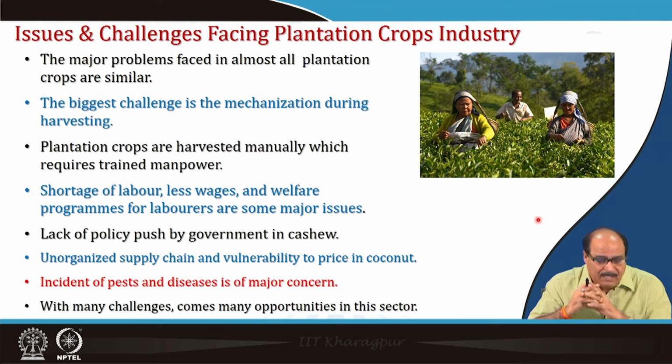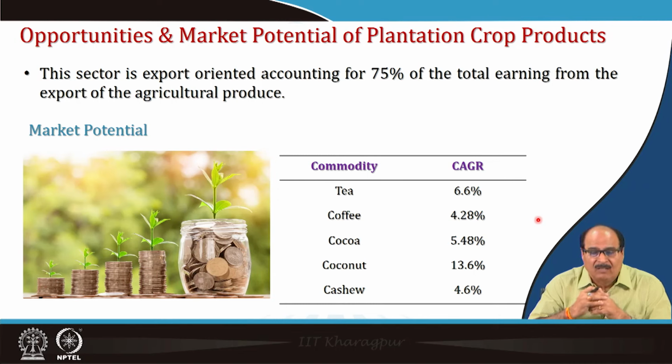So, with many challenges, of course, come many opportunities in this sector. As I told you, it is a plantation crop product sector, and it is export oriented, accounting for 75% of the total earning from the export of horticultural produce.